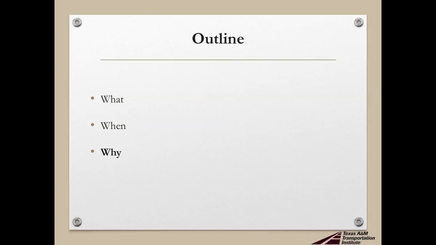So now we're to the why. Why do we want to adopt MASH? Why is MASH important to us? Why should we take all this effort to evaluate our hardware to this document and go through this implementation process? Essentially, this is a document that helps us with roadside safety, and in my opinion, the status quo is never acceptable.